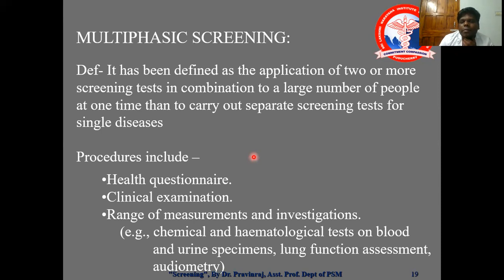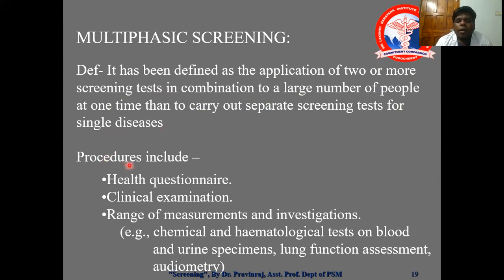Then something like multi-phasic screening. It has been defined as the application of two or more screening tests in combination to a large number of people at one time, to carry out separate screening tests for a single disease.